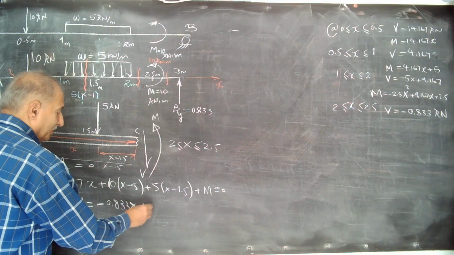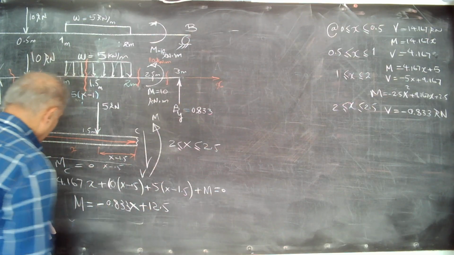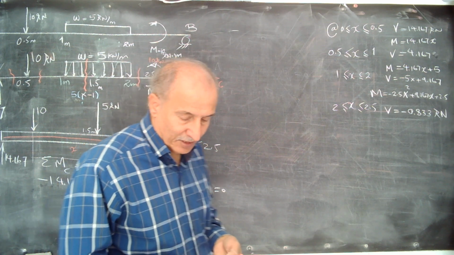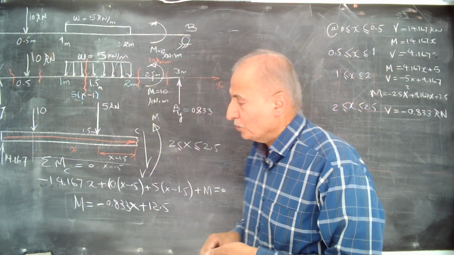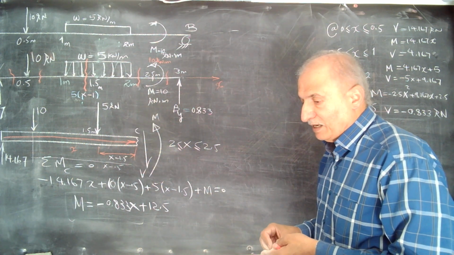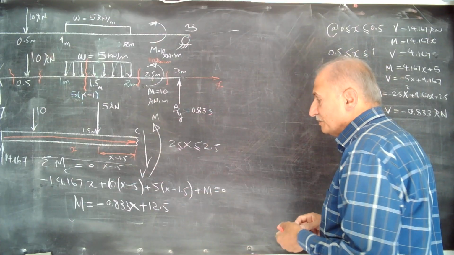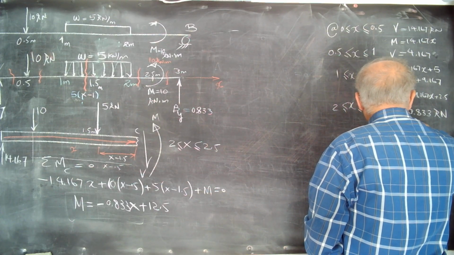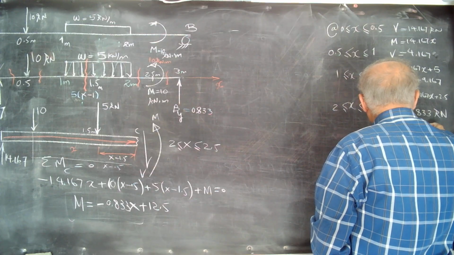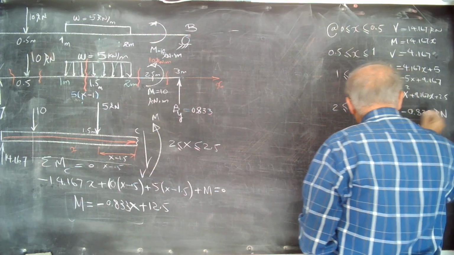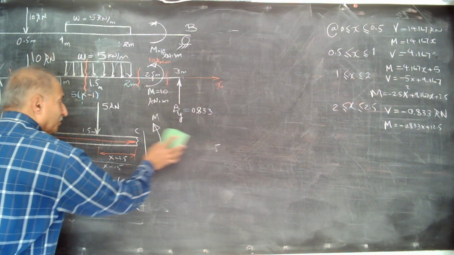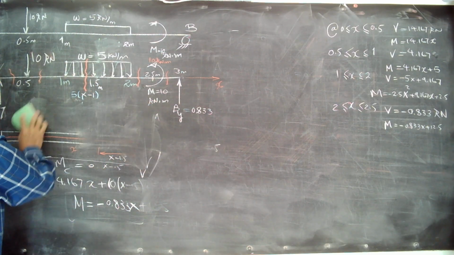Go to the other side, plus 12.5. That's M, where x is between 2 and 2.5. M is equal to minus 0.833x plus 12.5. Yeah, we do not need this anymore.